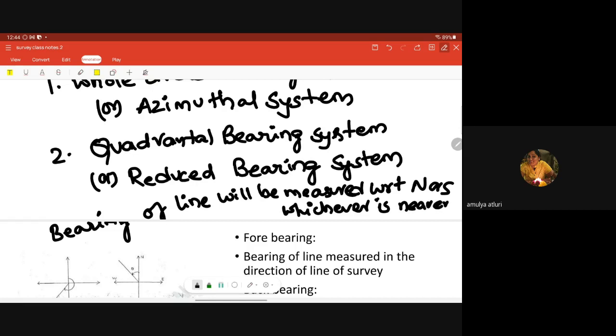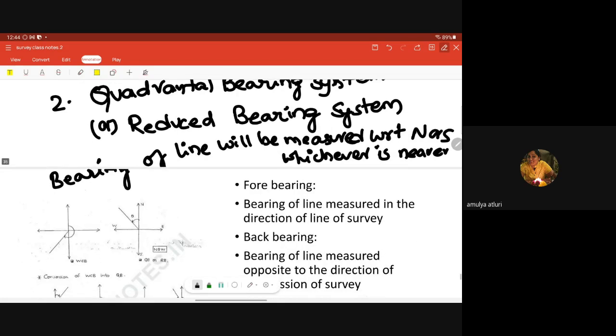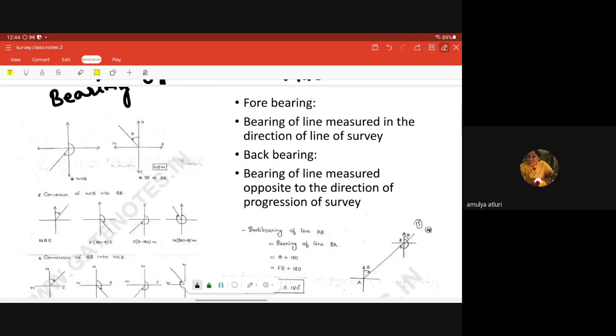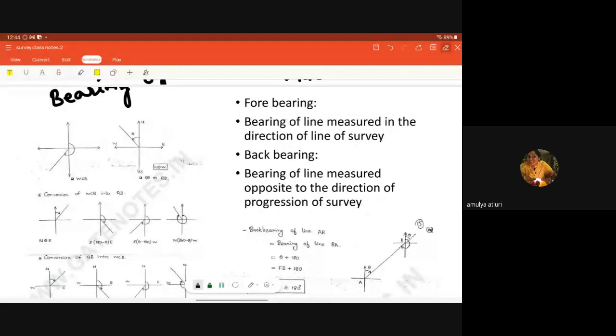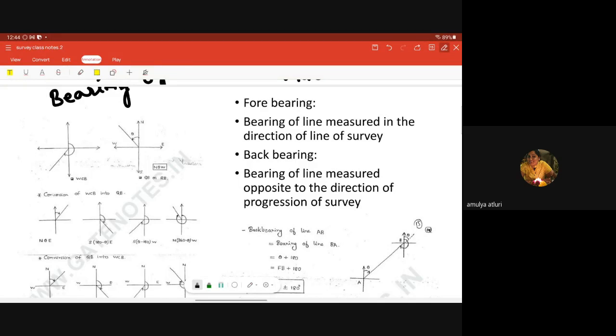Whichever is nearer, we will consider that as the bearing of the line. If it is near to the north, we will go with the bearing with respect to north. If it is nearer to the south, then we consider the bearing with respect to south.